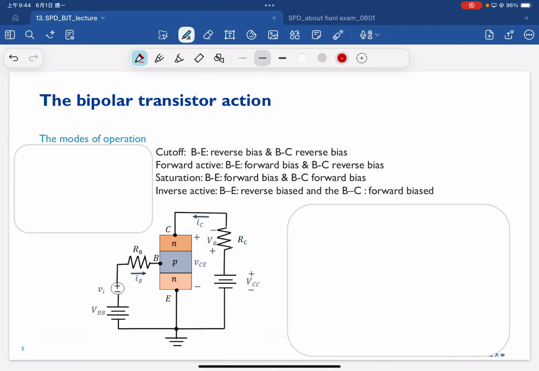So when we consider the bipolar transistor action, we have to take into account the different forward and reverse bias under the different PN junctions. As shown here, this is a base, this is a collector, this is emitter. So we have to apply the bias, and we consider four different quadrants of operation.